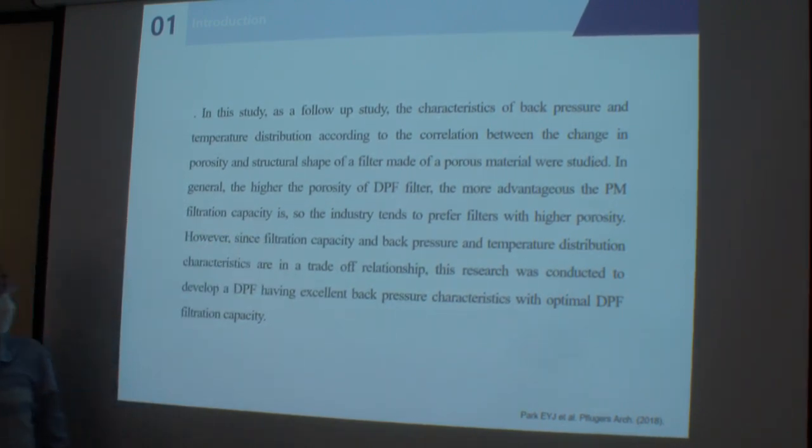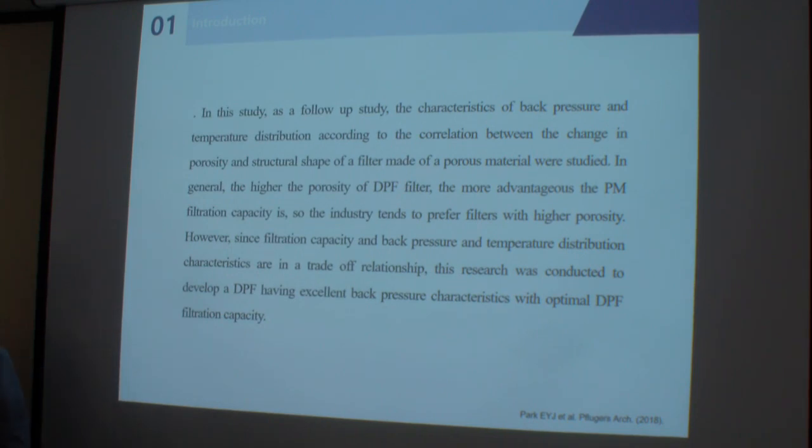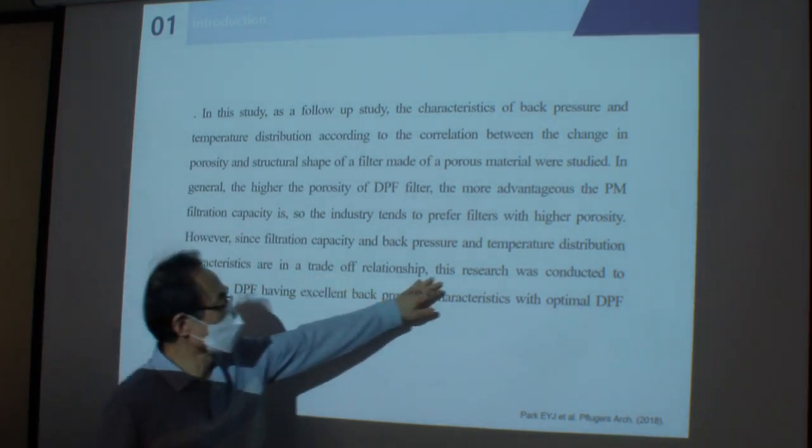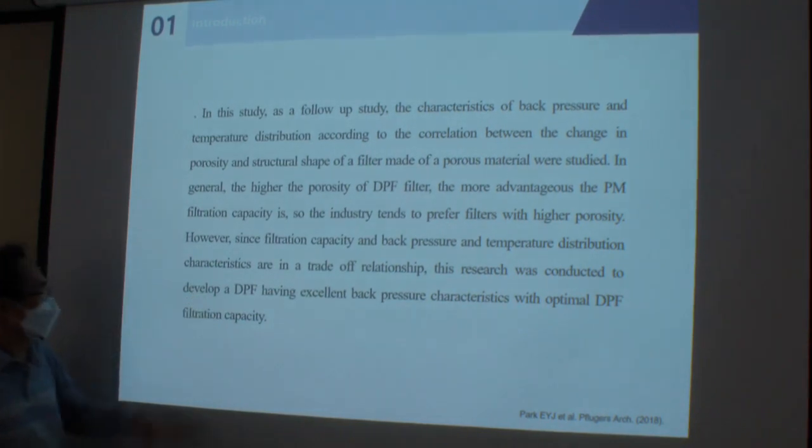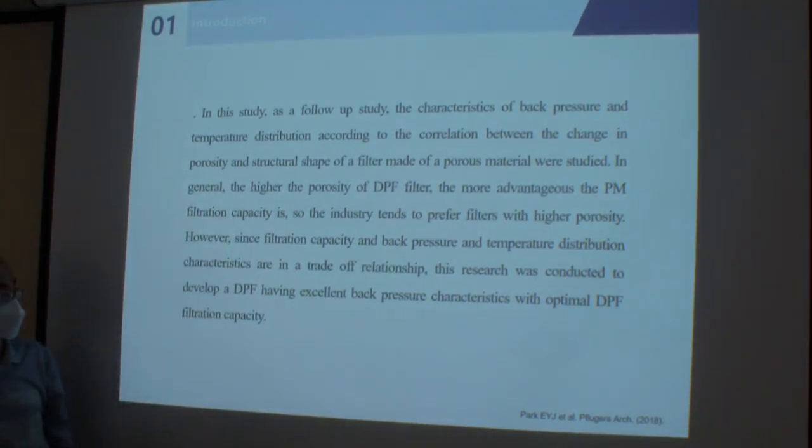So the industry tends to prefer filters with higher porosity. However, since filtration capacity and back pressure and temperature distribution characteristics are in a trade-off relationship, this research was conducted to develop DPF having excellent back pressure characteristics with optimal DPF filtration capacity.